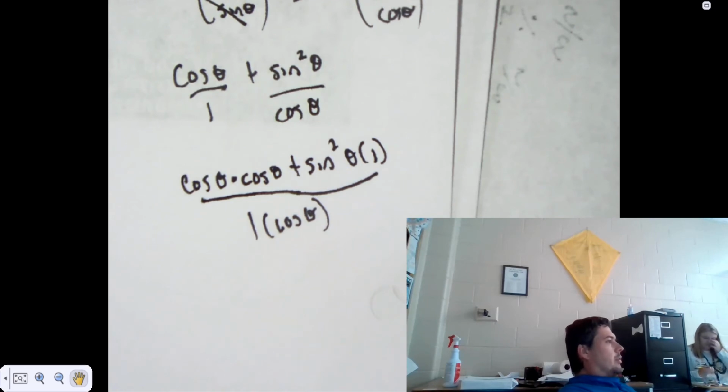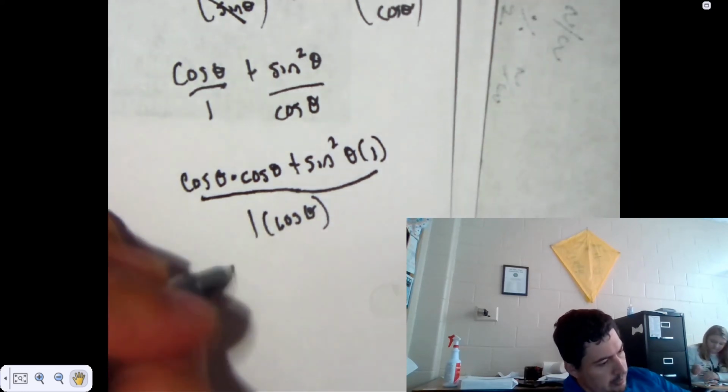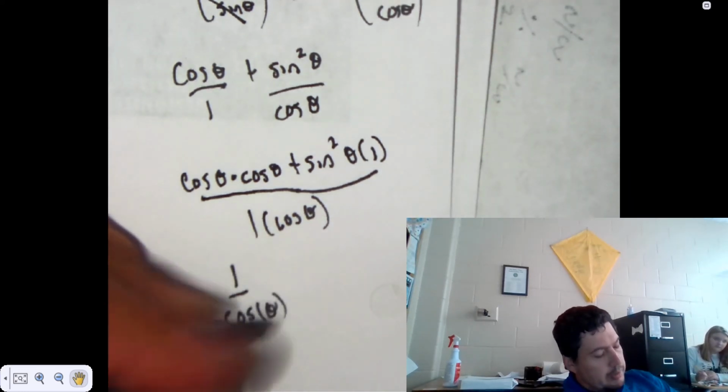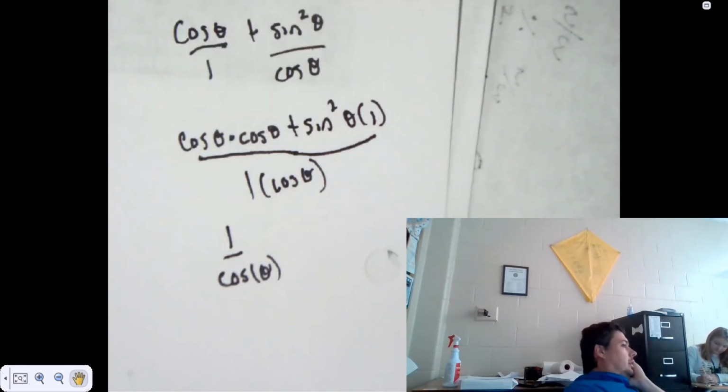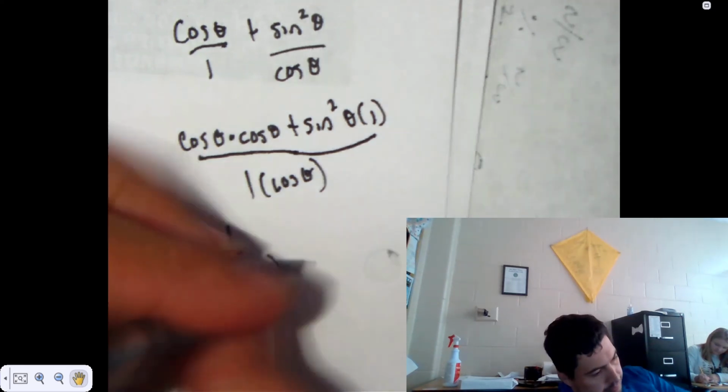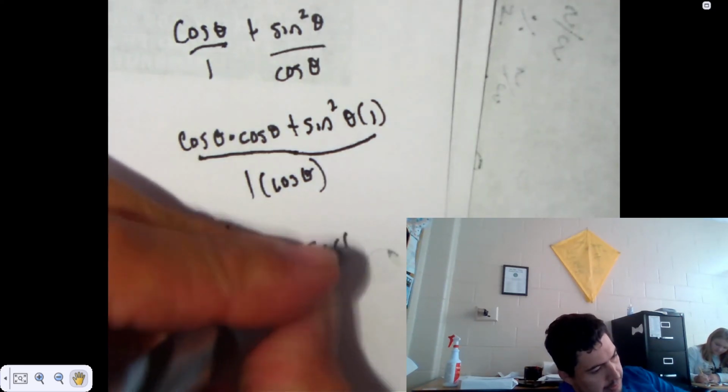It says cosine squared plus sine squared, which is what? 1. So now we're sitting at 1 over cosine of theta, which happens to be secant. And we get to stop.